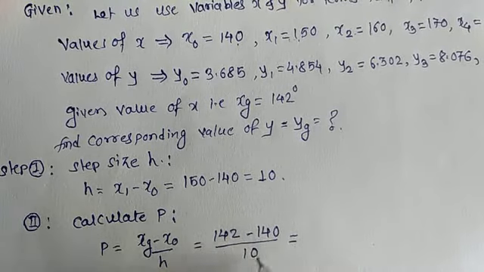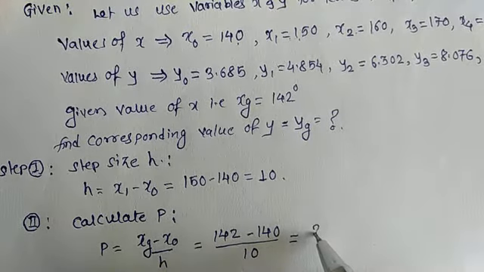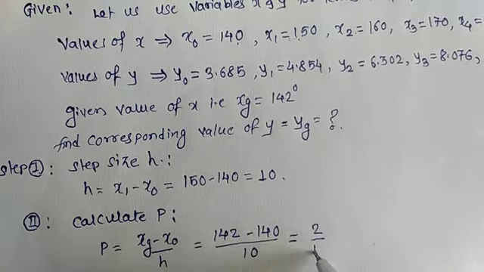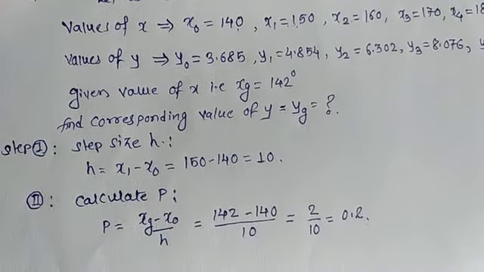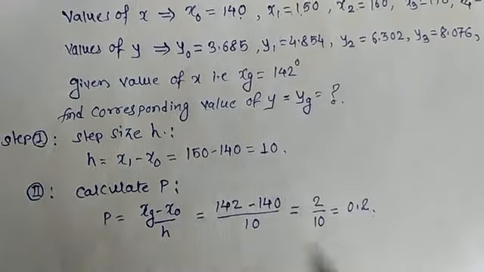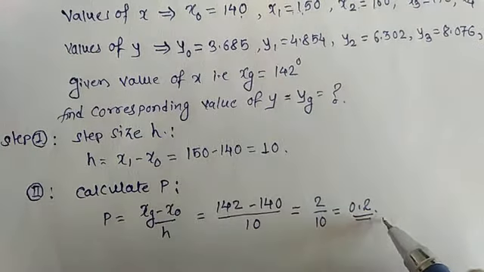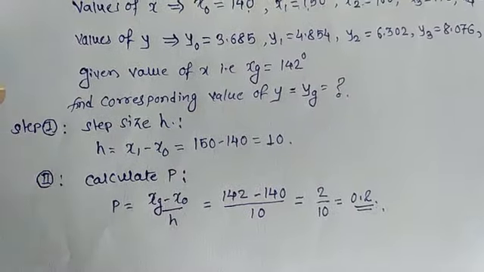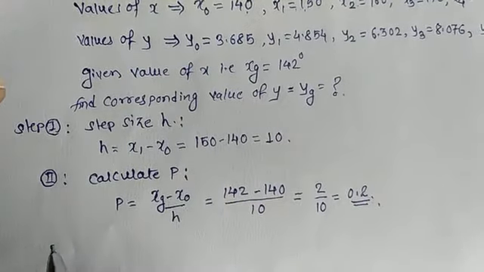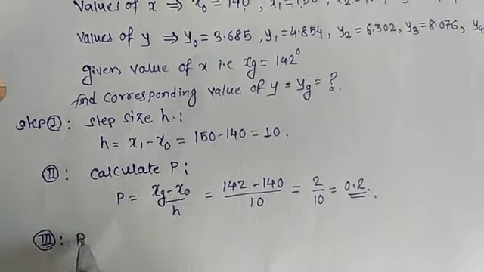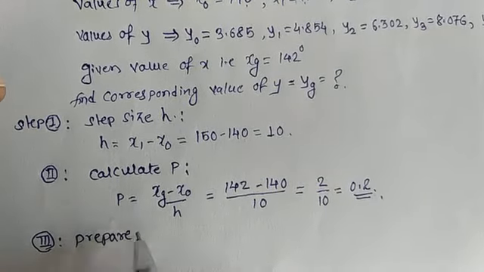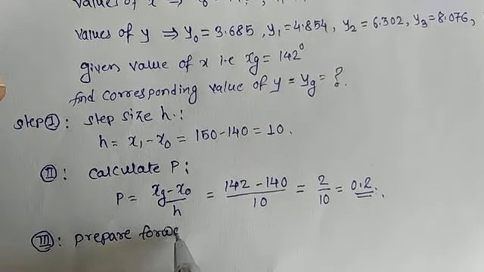So our calculation gives 142 minus 140, which is 2, divided by 10, which is equal to 0.2. That means the value of p is equal to 0.2. Now, step 3, we have to prepare a forward difference table.